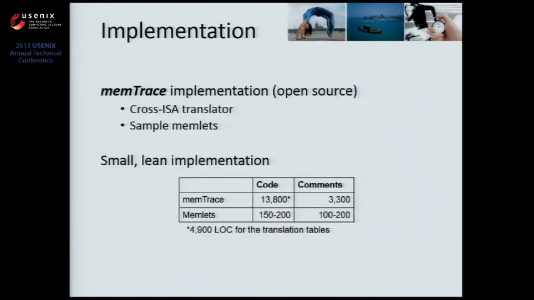When looking at the implementation, which by the way is open source, we implemented a cross-ISA binary translator and a set of sample memlets. And the implementation is actually quite small. The cross-ISA binary translator fits in only 14,000 lines of code. And each individual memlet that we implemented has roughly 100, 200 lines of code in addition to that.